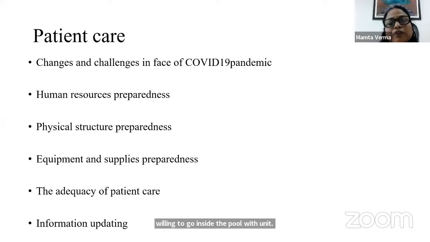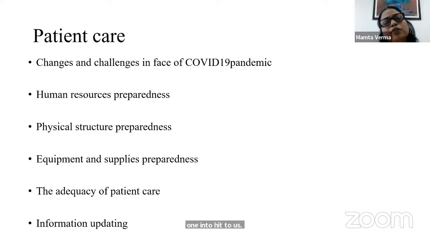Everybody wanted to save themselves and never wanted to go inside the unit. There were so many queries, so much distress, so many dilemmas and fear. We had the human resources, but they were not at all prepared psychologically, physically, emotionally, socially. This was the biggest hurdle we faced when COVID phase 1 and 2 hit us.